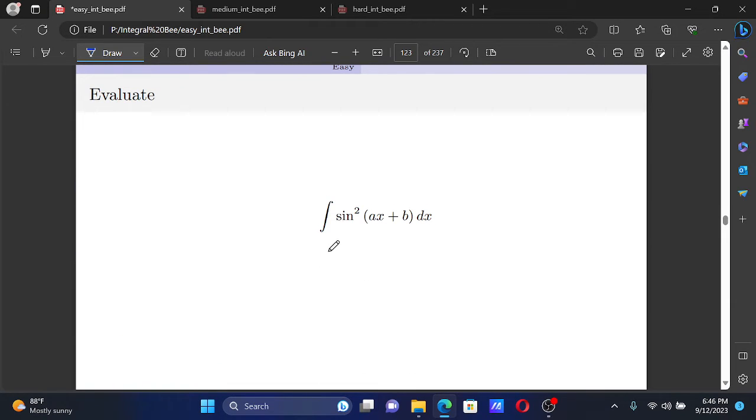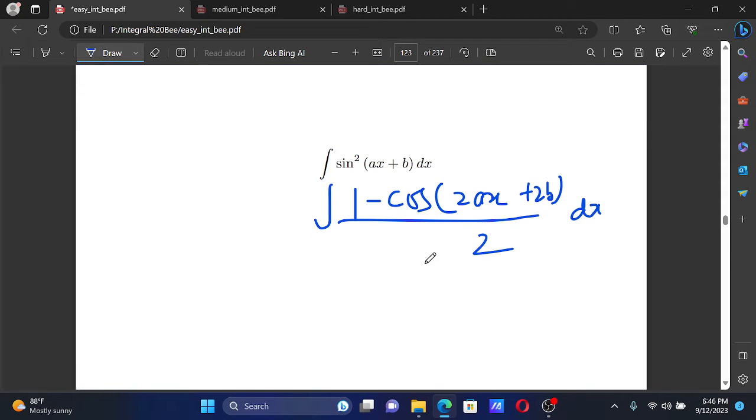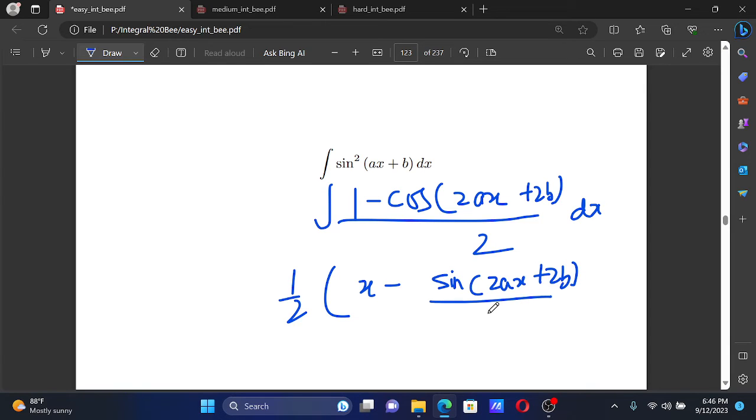Now for this one, we can just use a property from trigonometry. It's (1 minus cos(2ax plus 2b)) by 2 dx. So that will be 1 by 2 (x minus sine(2ax plus 2b) by 2a) plus c.